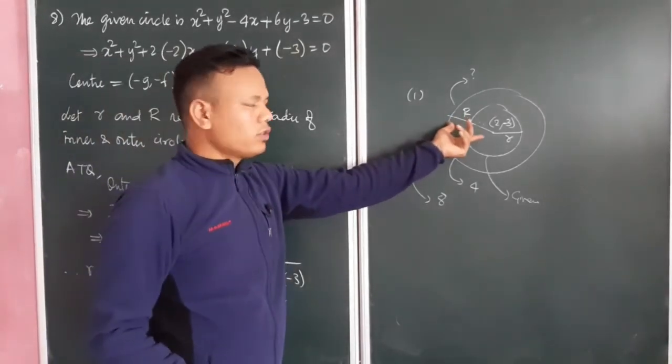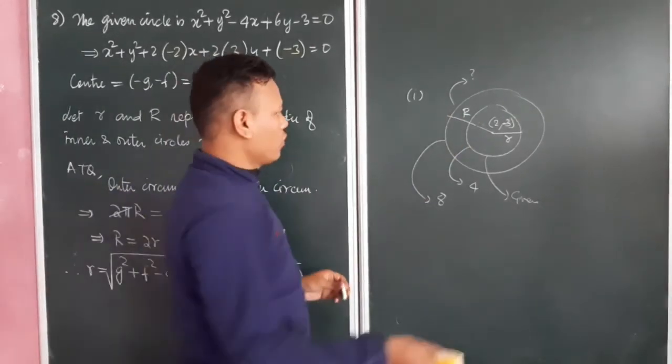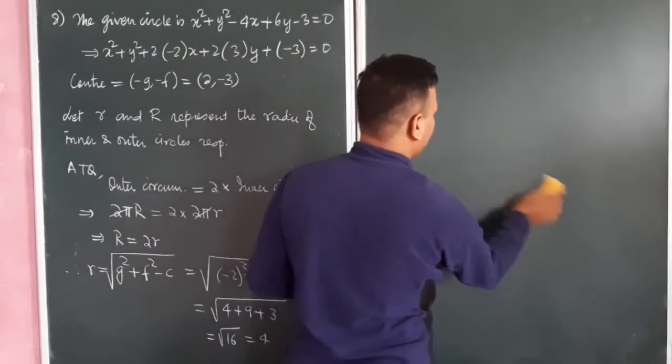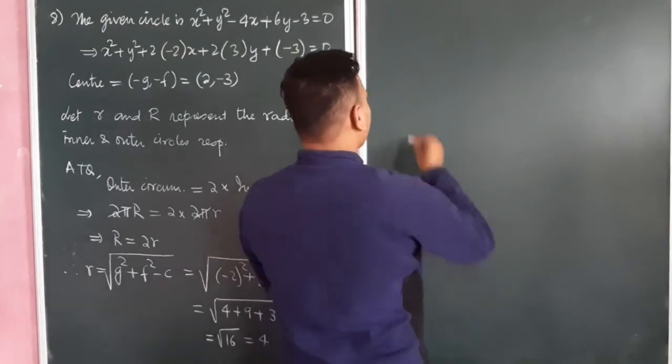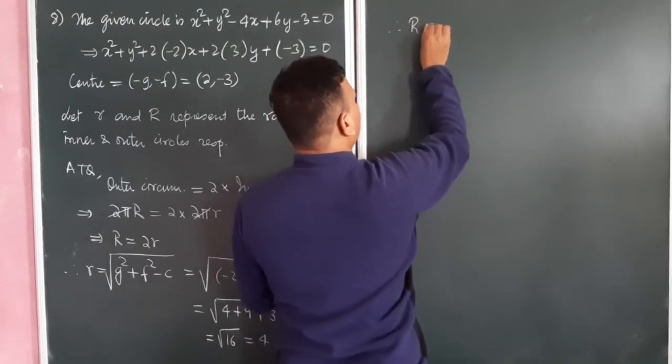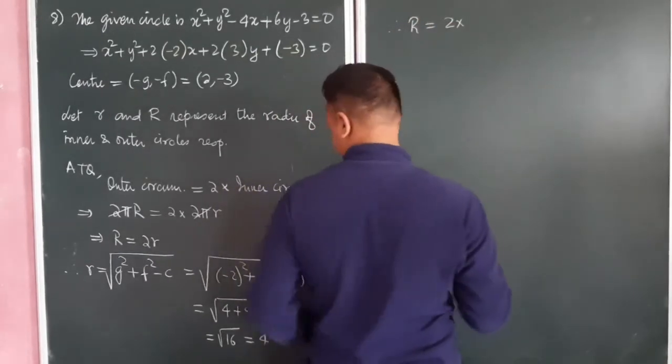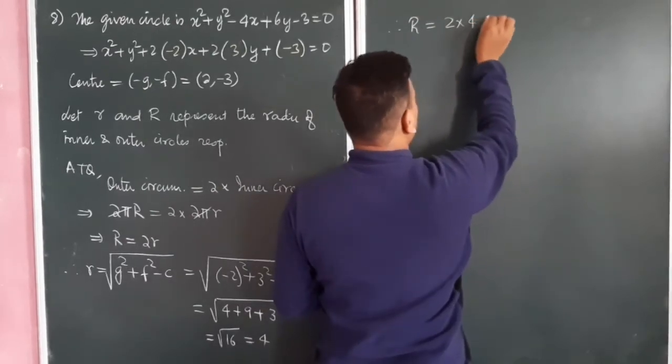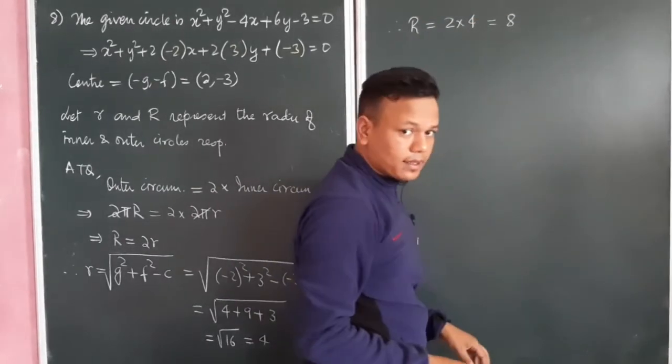But we need the outer radius, right? So capital R will be 2 times small r, which is 4. So this turns out to be exactly 8.